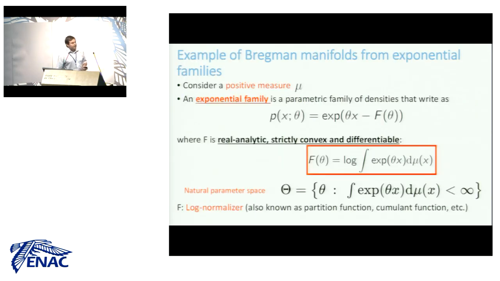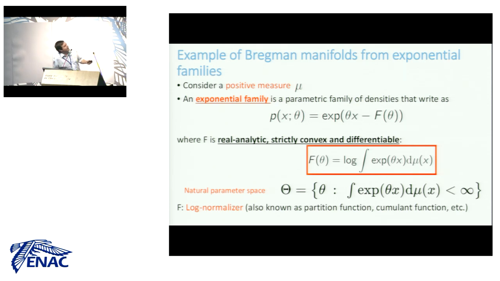Another aspect of Bregman divergence is that it is in bijection with a kind of statistical distribution that we call exponential families. Yesterday we had a nice talk by Professor Letac on exponential families. To make it very simple, we start with some positive measure mu, and we consider the density functions that can be written in this canonical expression.